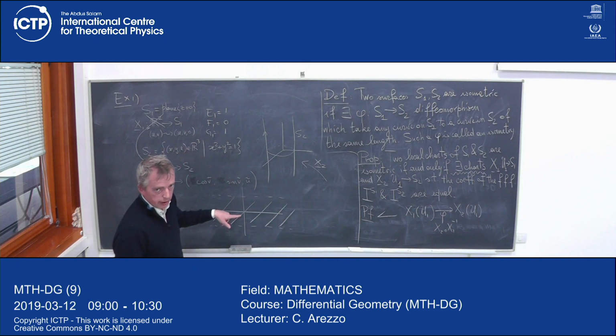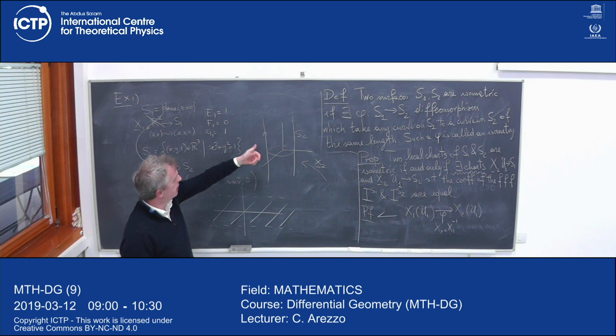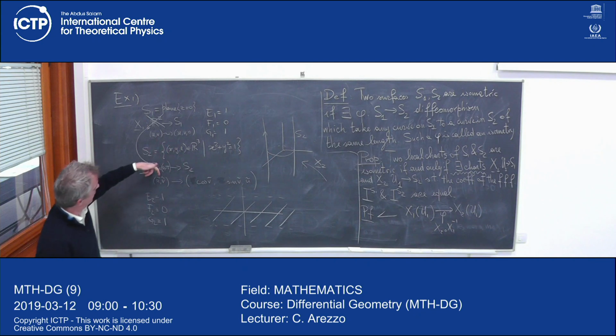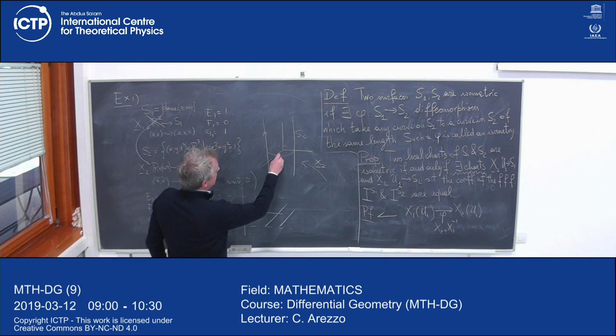is isometric to which part of the cylinder? Well, everything except what I would get with angle 0 or 2 pi. I mean, here in my notation, it's x equal to 1. So except exactly this line here removed.